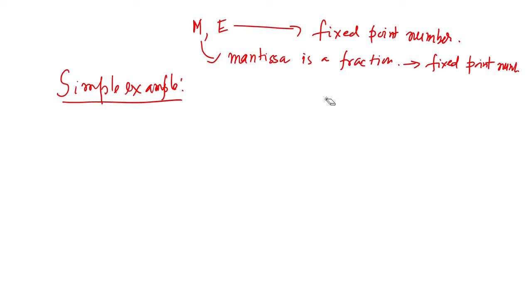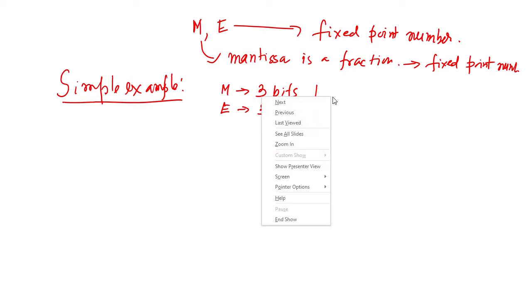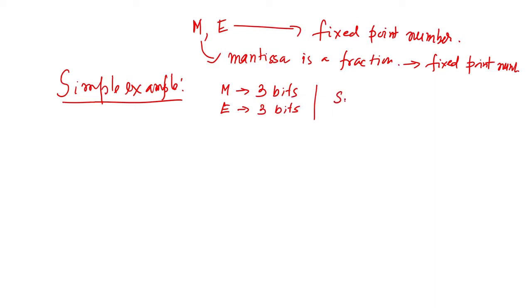Let us say we have 6 bits: 3 bits for M and 3 bits for the exponent, and we are using sign magnitude representation. That means, as you know, a number should have a sign.